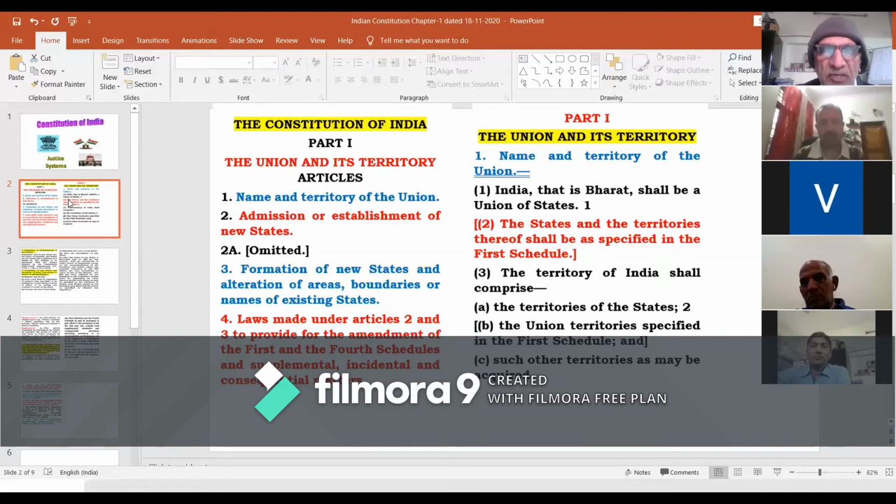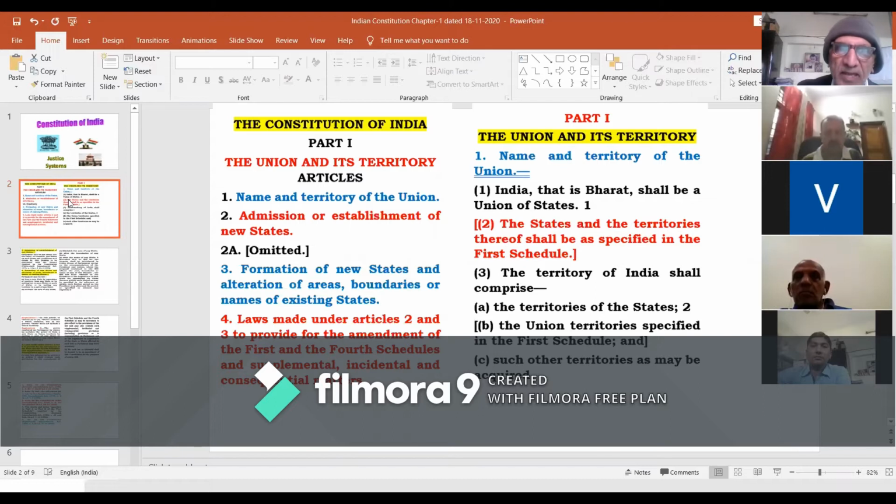Then, admission or establishment of new states. Here is the first sanction that there can be establishment, there can be an admission of new states in the Union.